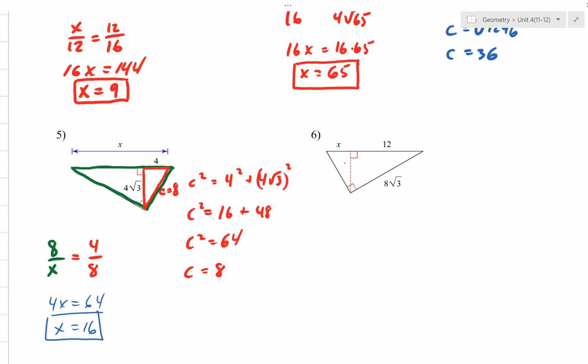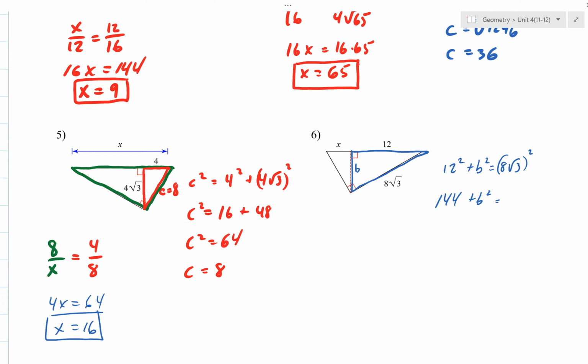For problem number 6, we know a leg and the hypotenuse in this blue triangle. So we can find b using the Pythagorean theorem. 12 squared plus b squared equals 8 root 3 squared. So 144 plus b squared equals, let's see, that would be 8 squared is 64 and root 3 squared is 3.